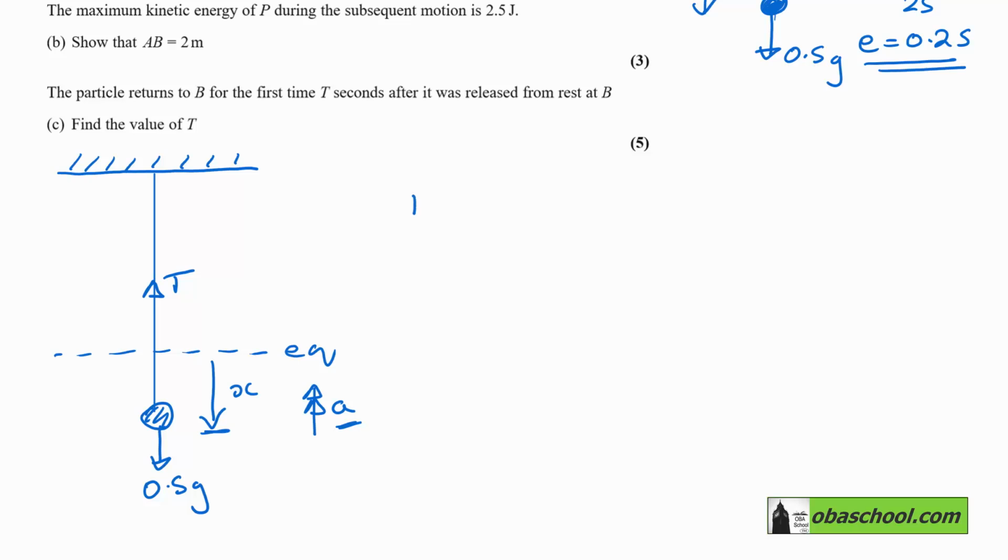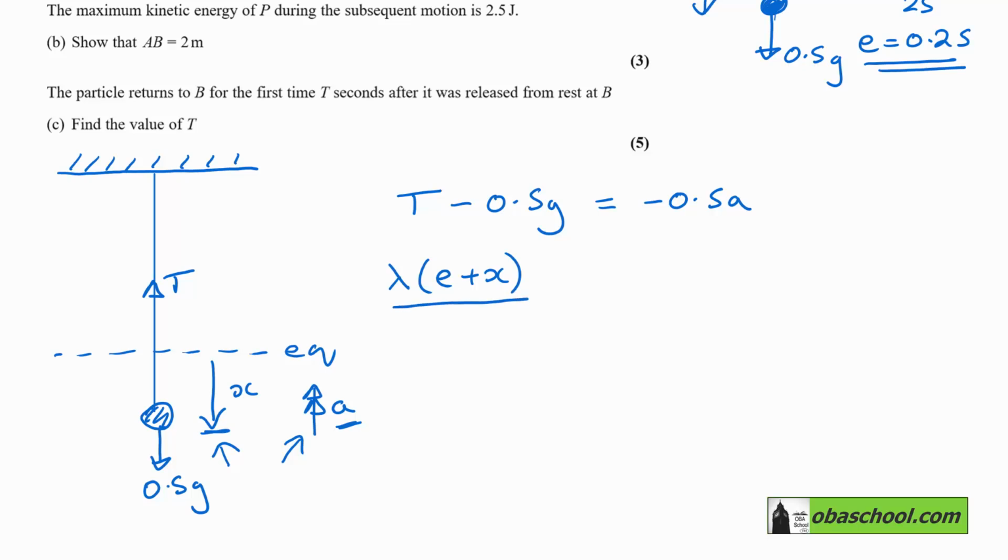So T take away 0.5 g is going to be equal to negative 0.5 a, and that's to do with the acceleration being in the opposite direction to the extension. So in this situation, we've got lambda times e plus x divided by the natural length, let's just call it L for now, and we'll substitute in a moment. Take away 0.5 g is equal to negative 0.5 a.